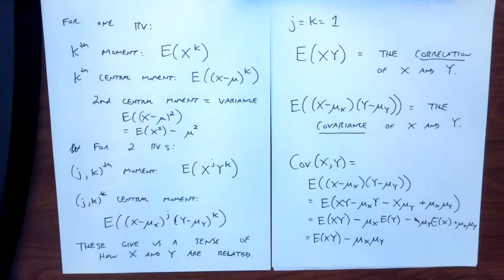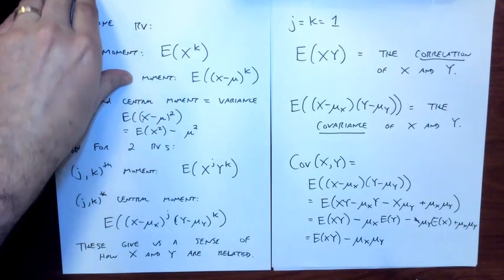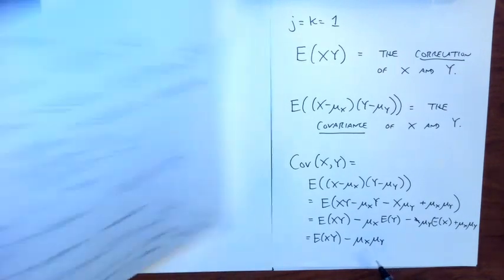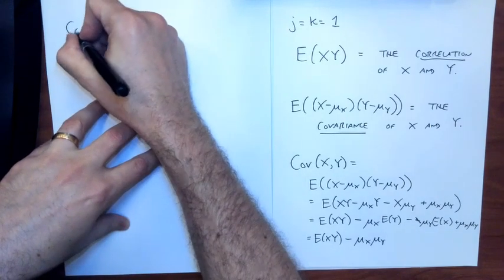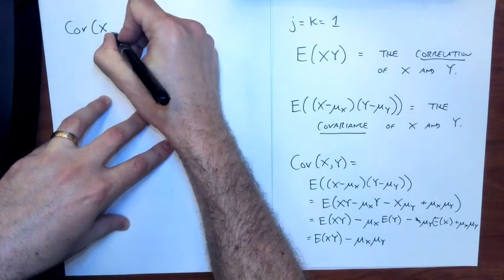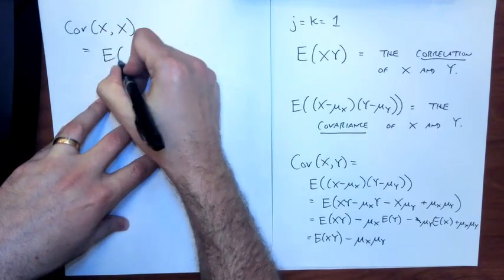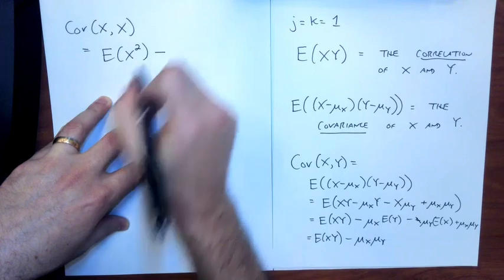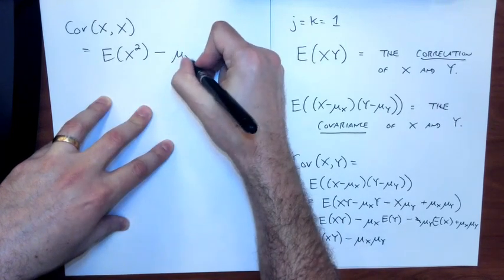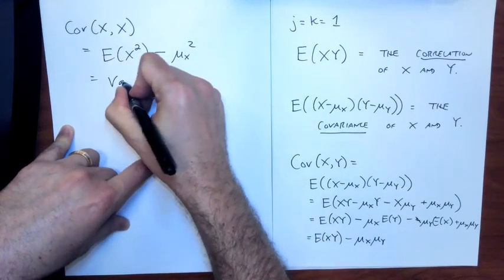And that's not really a coincidence, because if I said, okay, here's y, but y is the very same thing as x, then the covariance of x against itself is the expected value of x squared minus mu x squared, which is the same as what we called the variance.